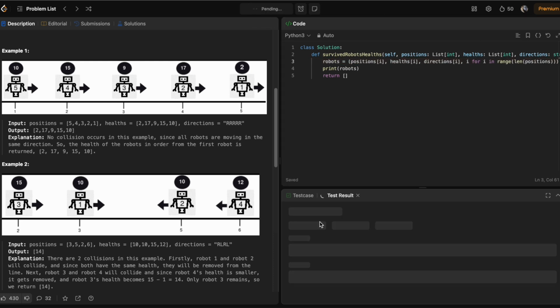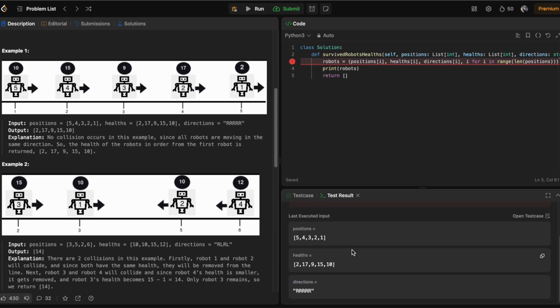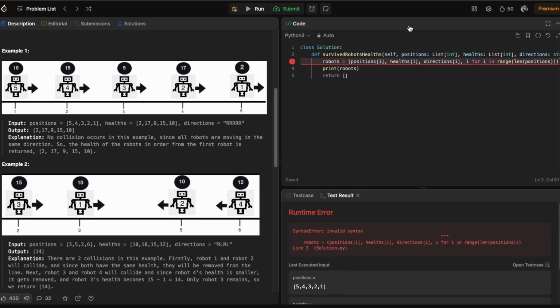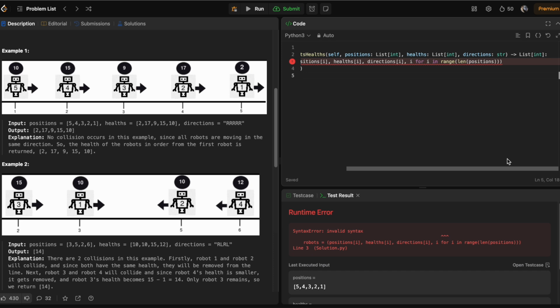Let's try it again. Dang, my Python list comprehension is simply not on point. Man, should I just zip everything together? I think that would be very ugly though. Or it wouldn't really work even.